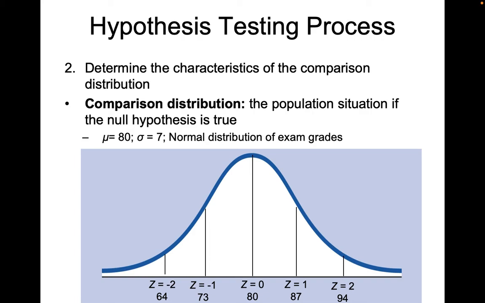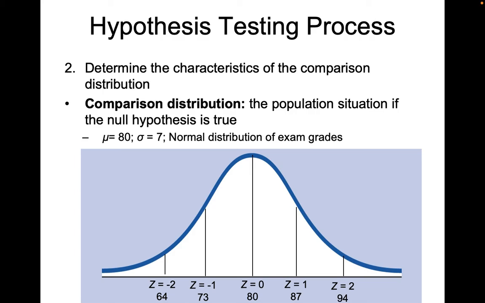In our example, the professor starts out knowing key information about population 2, which is this comparison population of students who don't get the training. We know that the exam scores from this population follow a normal curve with a mean of 80 and a standard deviation of 7. This distribution of scores serves as our comparison distribution.